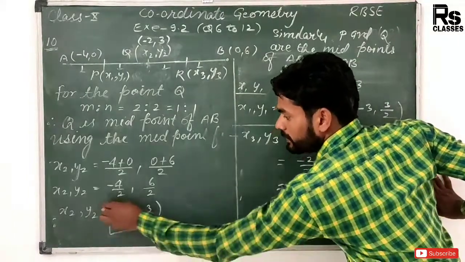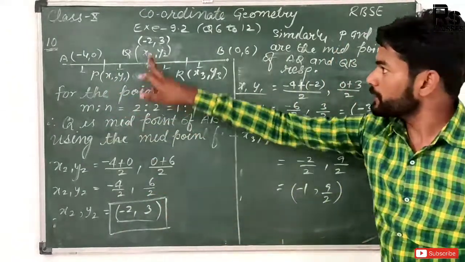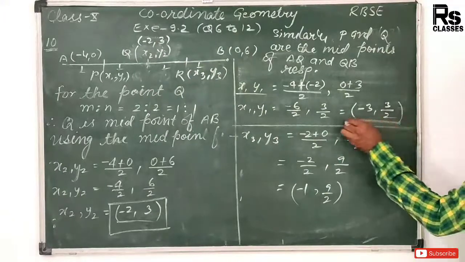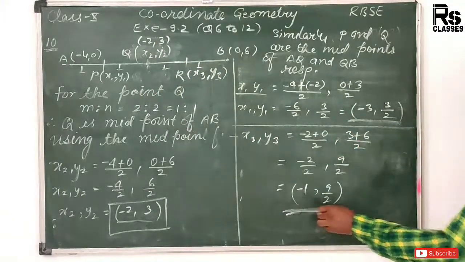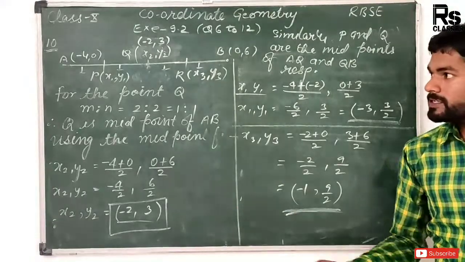Clear? These are the coordinates of the point Q, these are the coordinates of point P, and these are the coordinates of the point R. So it is the answer of our question number 10. So please note it down.